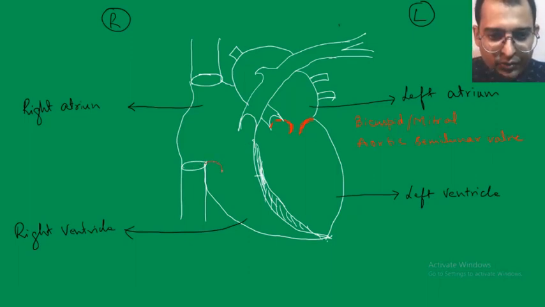Then coming to the right side of the heart, the right ventricle is separated from the right atrium by which kind of valve? That is the tricuspid valve. This is the tricuspid valve.